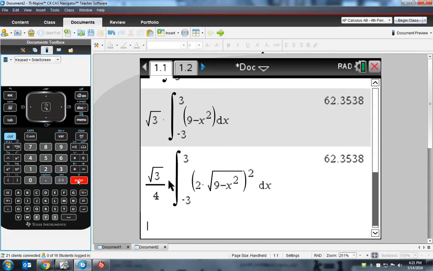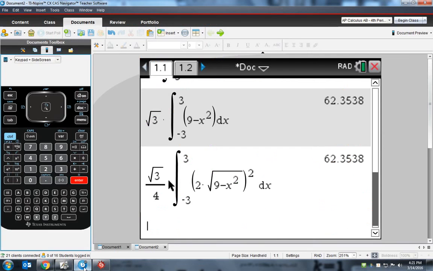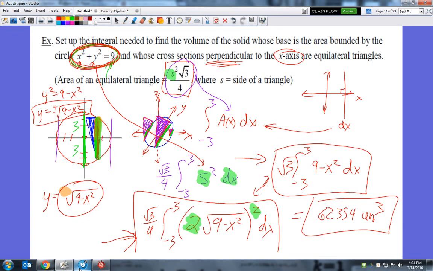Yeah, that's what I got. So 62.354 units cubed, because it's volume. If you wanted to truncate, you could just put 62.353 instead of rounding it. Either one of those are the only ones that will be allowed. Again, you cannot be more than 1/1000th of a point off.